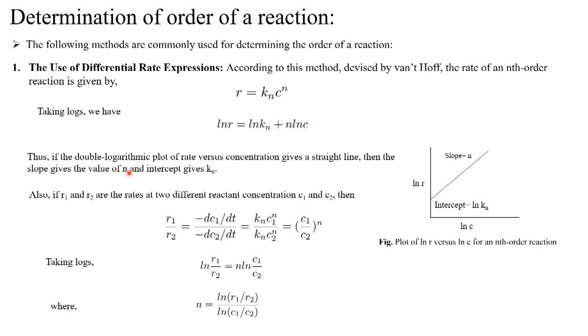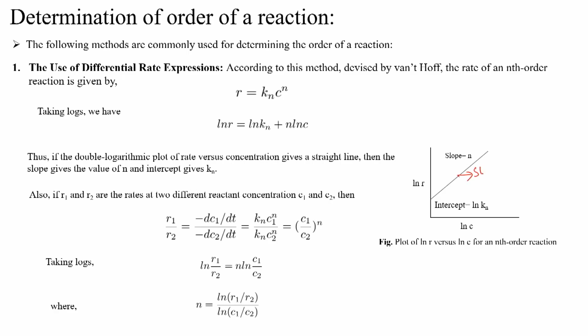Thus, the double logarithmic plot of rate versus concentration gives a straight line. If we plot ln R versus ln C, we get a straight line with a slope.